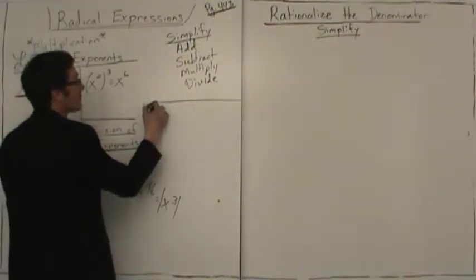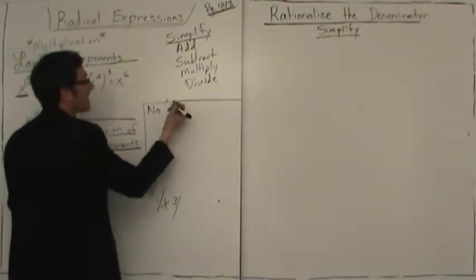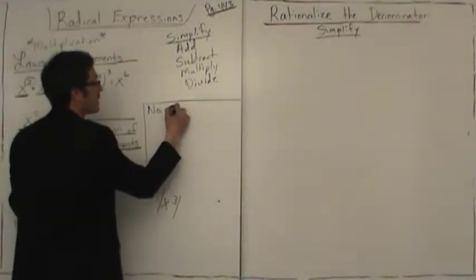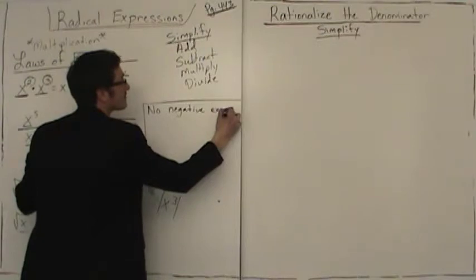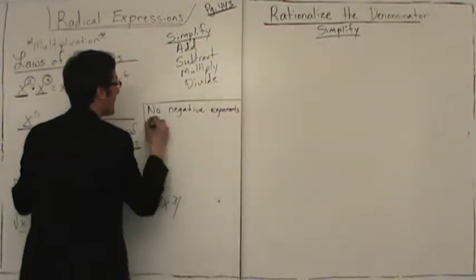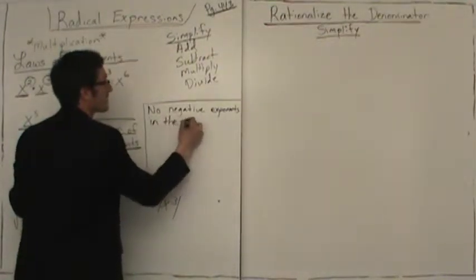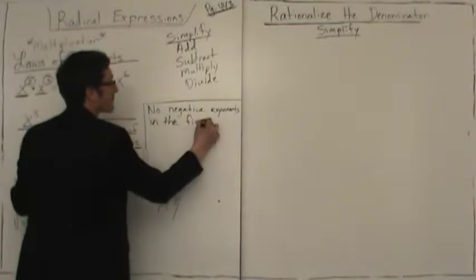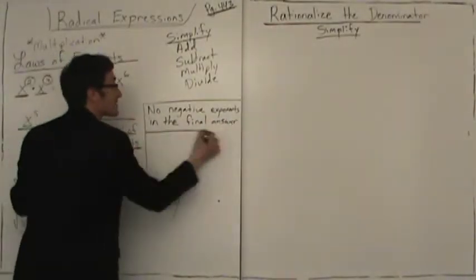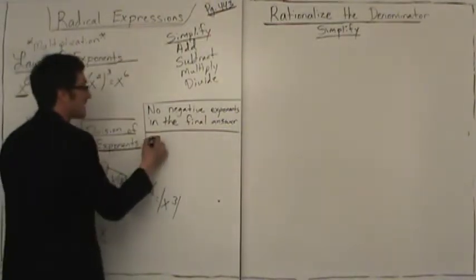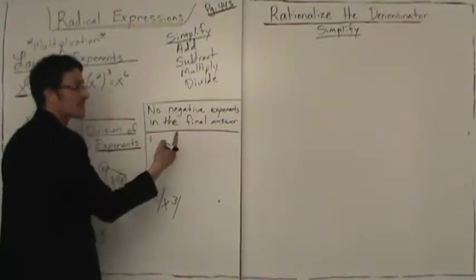And the first hidden rule that we learned is that you cannot have negative exponents in the final answer. So we write no negative exponents in the final answer. Hopefully you remember this. But there's another hidden rule that we're going to add today, that you cannot have fractional exponents in the denominator.